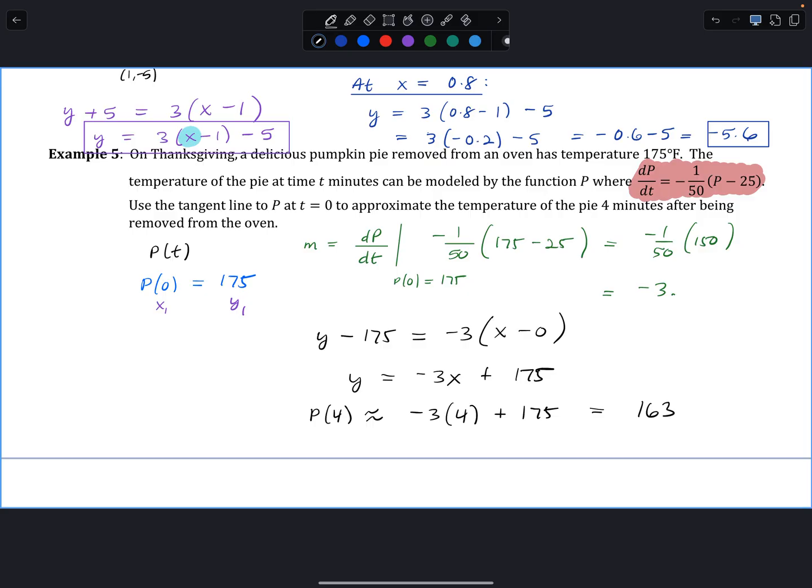If this is a word problem, we want to put it in the correct units. So what's the units? Fahrenheit per minute? No. Is it changing? Oh no. So it'd be degrees Fahrenheit. Good.